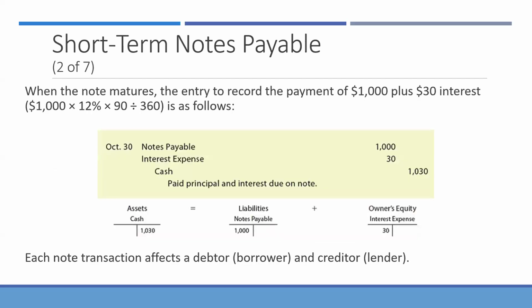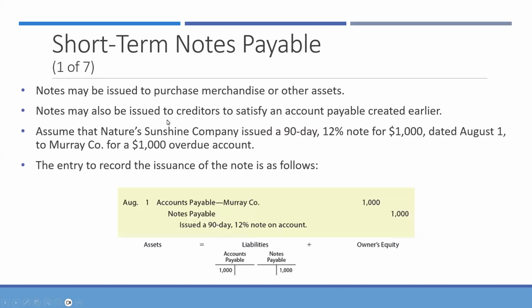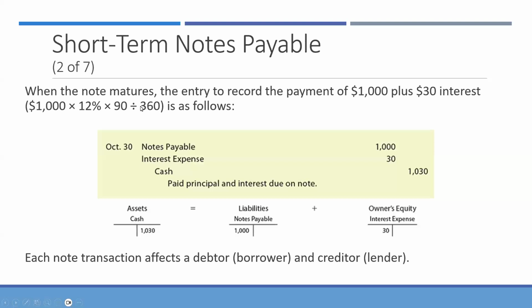90 days later, on October 30th, when we pay the note back, our interest expense is calculated for 90 days using a 360-day year. And so we take 90 divided by 360, which is 1/4, times 12%, times 1,000, and then that's $30 or 3%.